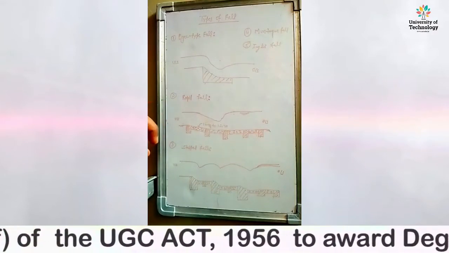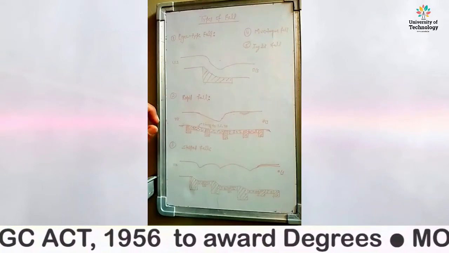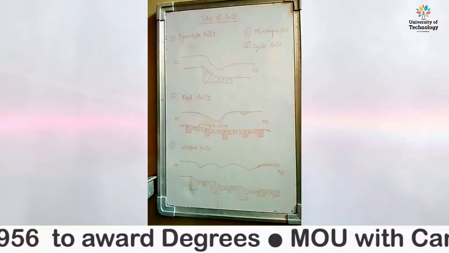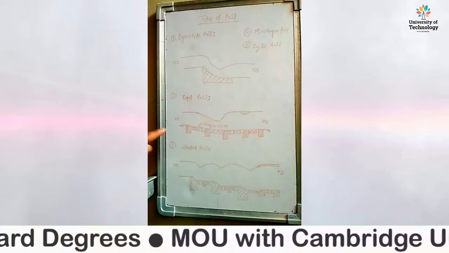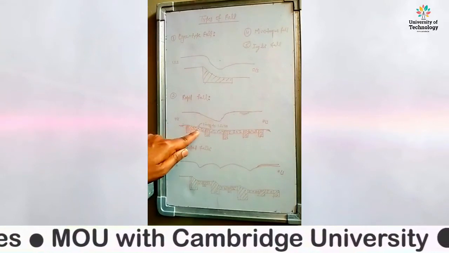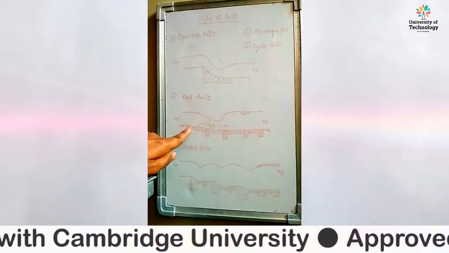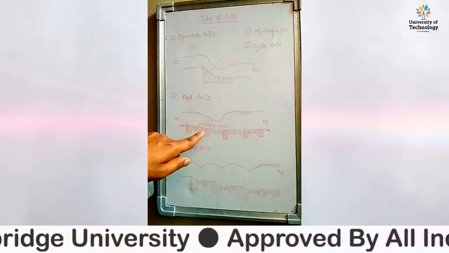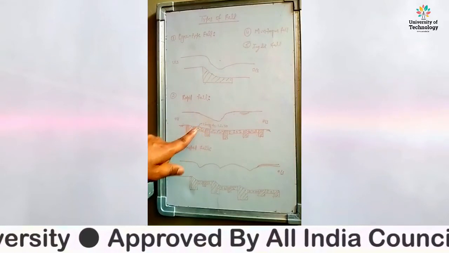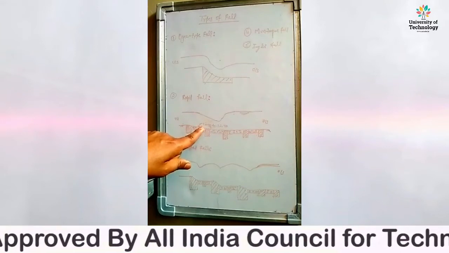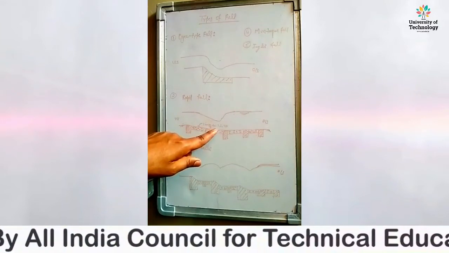It was first constructed in the Western Yamuna Canal and provided with a long sloping floor. You can see here this long sloping floor is called the glacis, having a gentle slope in the ratio of 1:10 to 1:20.